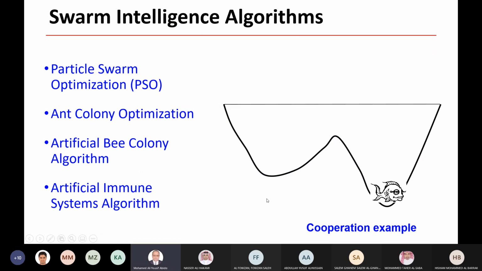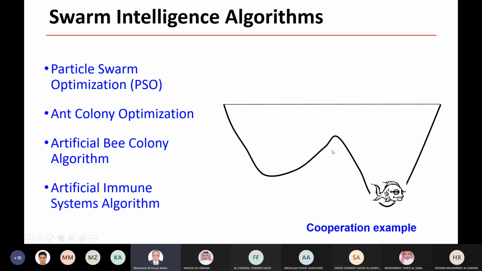You can see the importance of the collaboration among the particles, among the solutions, among the individuals. These are techniques that could be under the umbrella of swarm intelligence: particle swarm, ant colony, artificial bee colony, and also the artificial immune system algorithm.